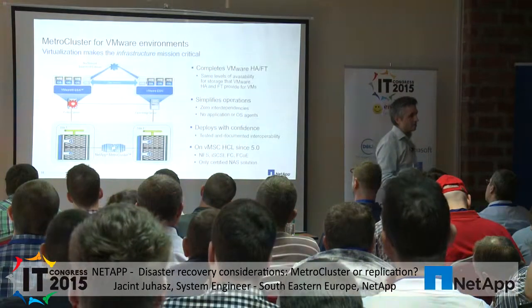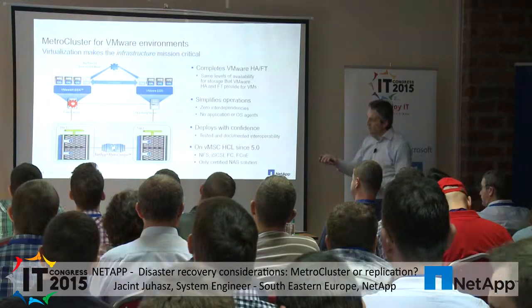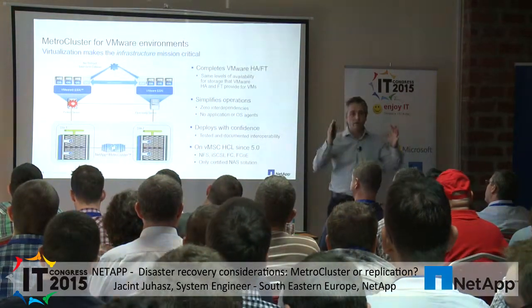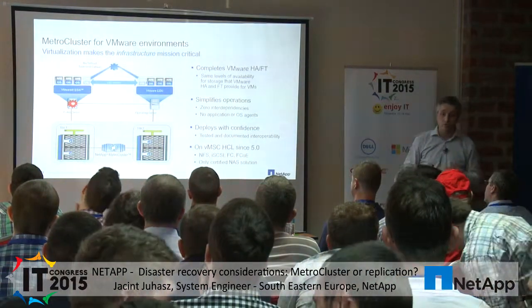So let's use VMware terms, because VMware terms are easy. If you have a MetroCluster configuration, on top of the MetroCluster you can run a stretched high availability configuration on the VMware side.